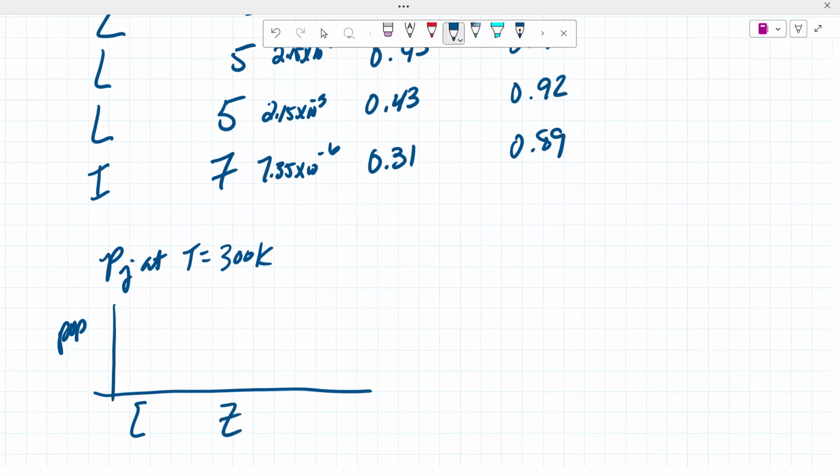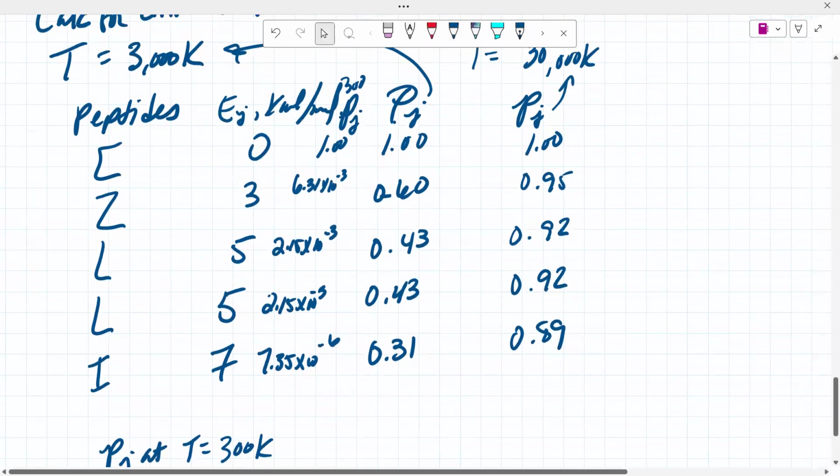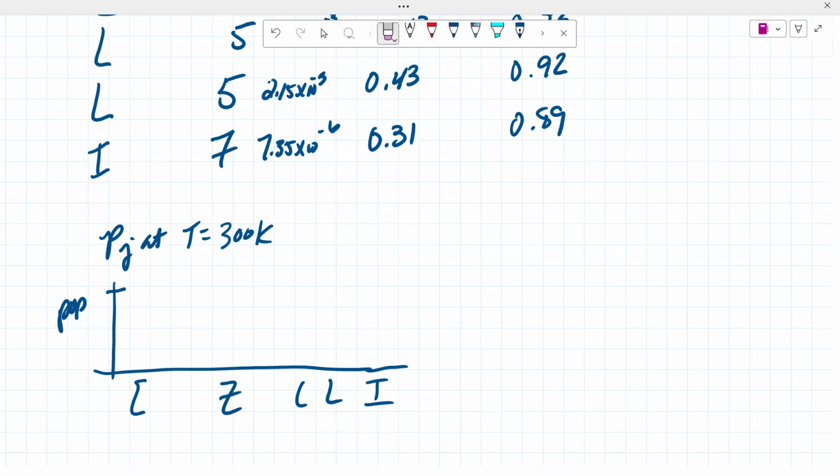You have the Z, you have two L's, and you have the I. When you plot this, no, that's not right. This should read 1. Okay, this is like your population.